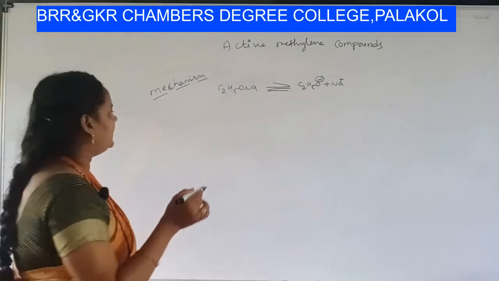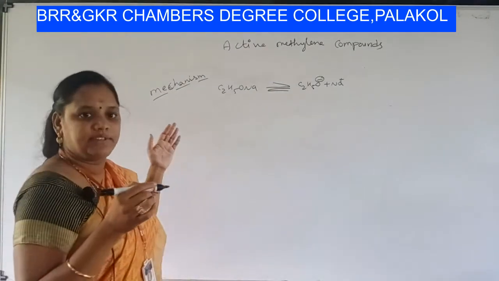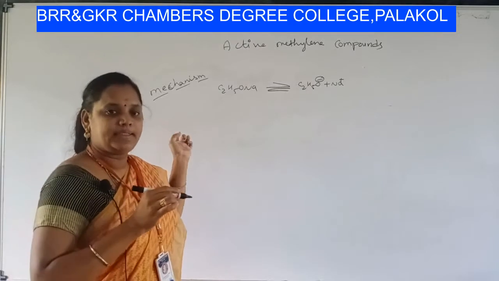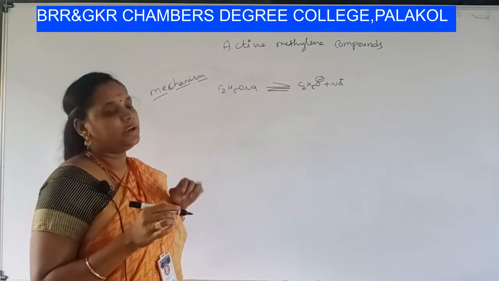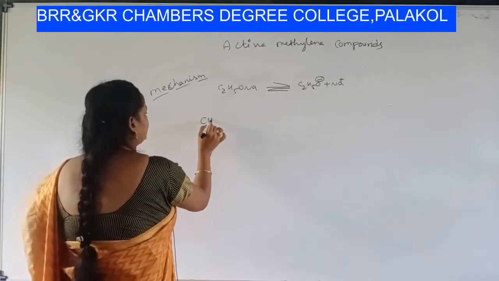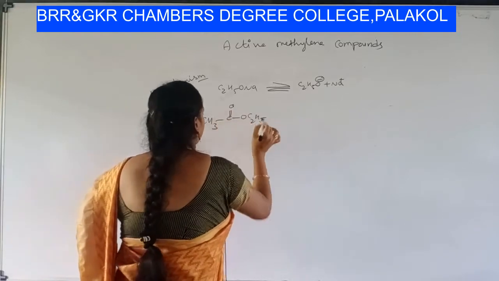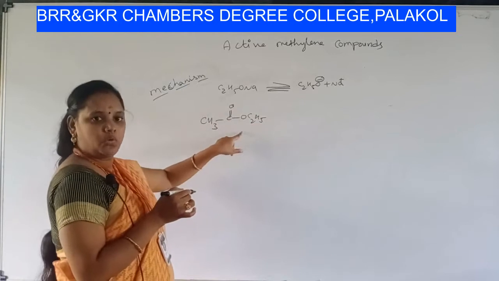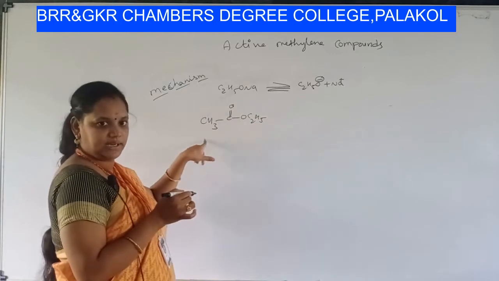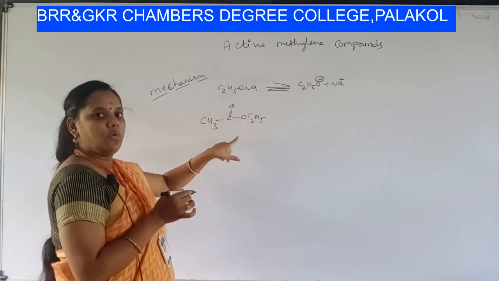What happens in the next step? We will take 1 mole of ethyl acetate. The formula is CH3 C double bond O, OC2H5.